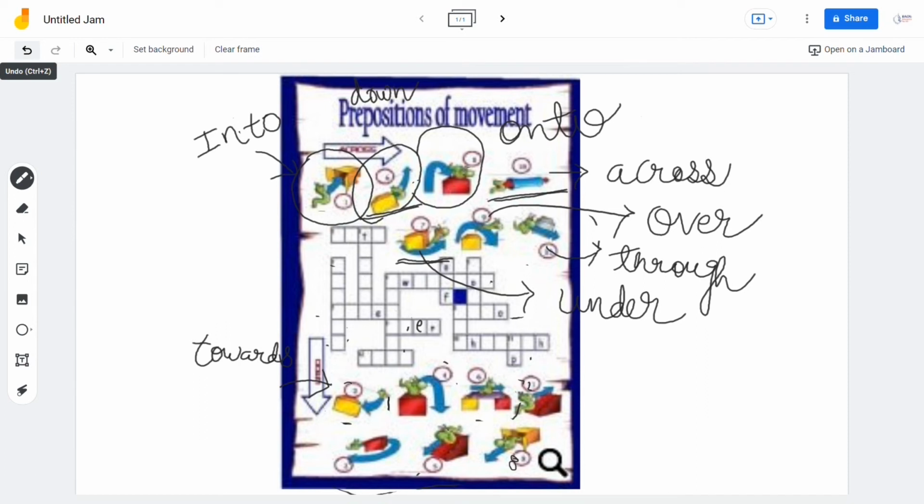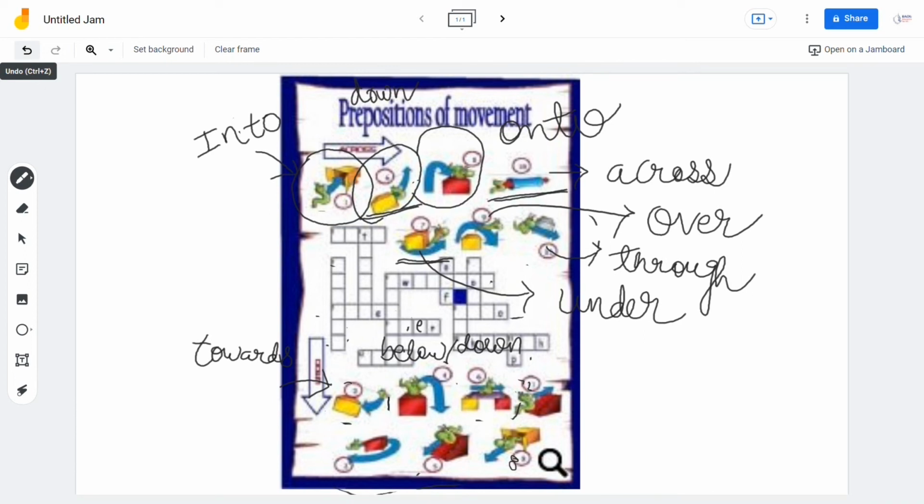Tell me what it is called. Towards is done. The next one, it's called below. Fine, but if not below, it can be down also. Right, here that was down.